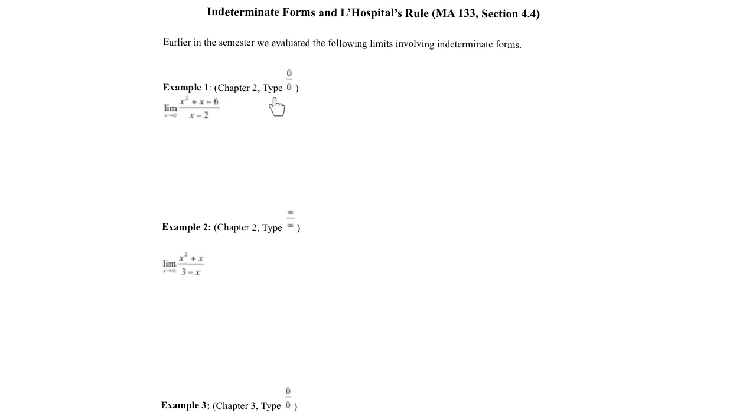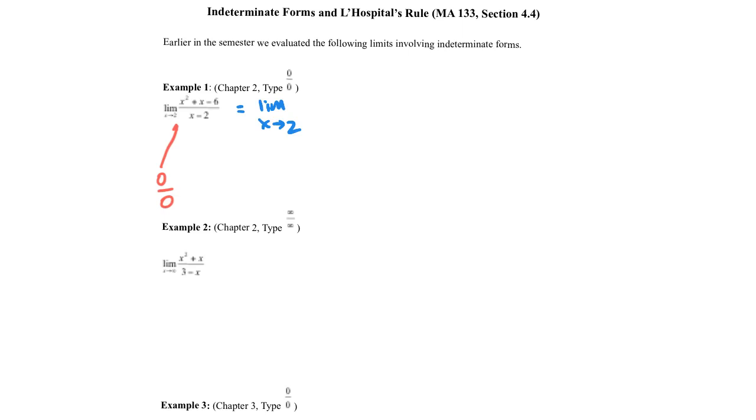This was in chapter 2, and it was type 0 over 0, which means basically if you take the limit right now, we plug in a 2 and we have x squared plus x minus 6 over x minus 2, we get 0 over 0. So this is one where we had this indeterminate form, and what we did is we learned that we could rewrite this.